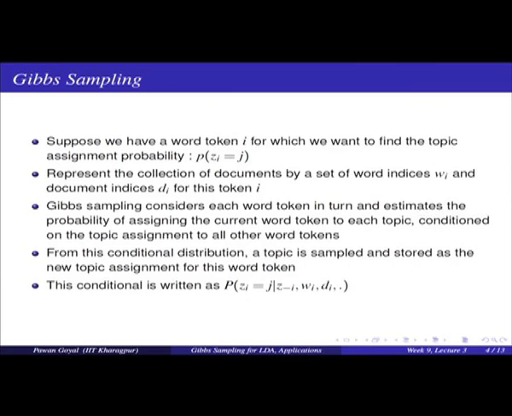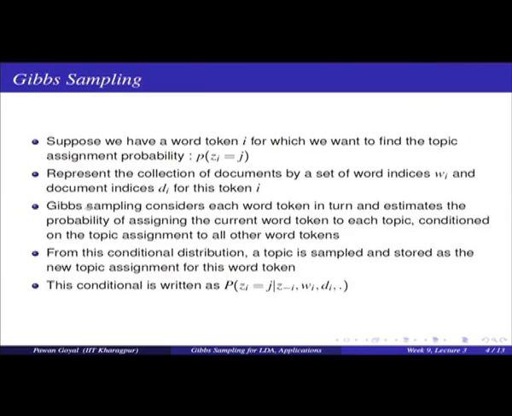So probability Zi equals j, that is what you want to find out. Now how do you do that? You represent the collection of documents by a set of word indices Wi and document indices Di for this token i. It simply says that you have a lot of words, find out the corresponding word for this i. That will be called Wi. Wi will give you the particular index, and similarly Di will be the particular document where you have this token.